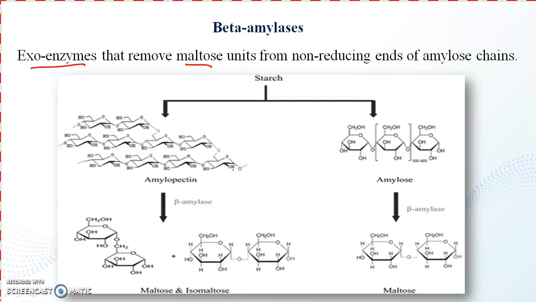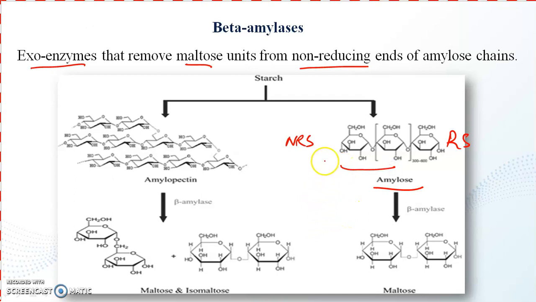It can cut the chain only from the non-reducing side. Suppose this is the amylose chain. Here is the reducing side, and here is the non-reducing side. So this beta amylase can act only from this side.